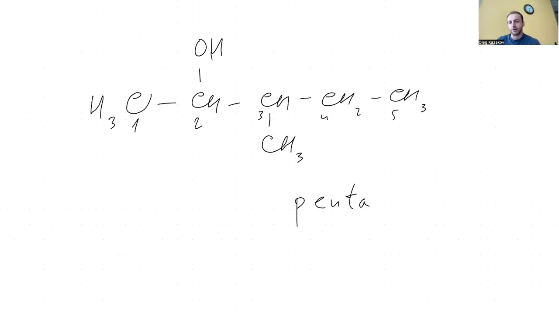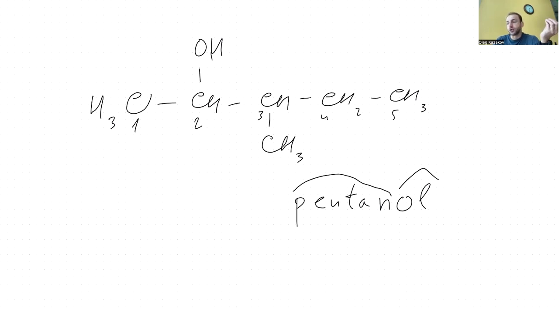For alcohols, we're going to use the name pentane without the E, so pentan. Pentan is the root that tells you that you have 5 carbons in the main chain of this alcohol. To signify that we have an alcohol, we are just going to cap the root with the suffix ol. So pentanol.